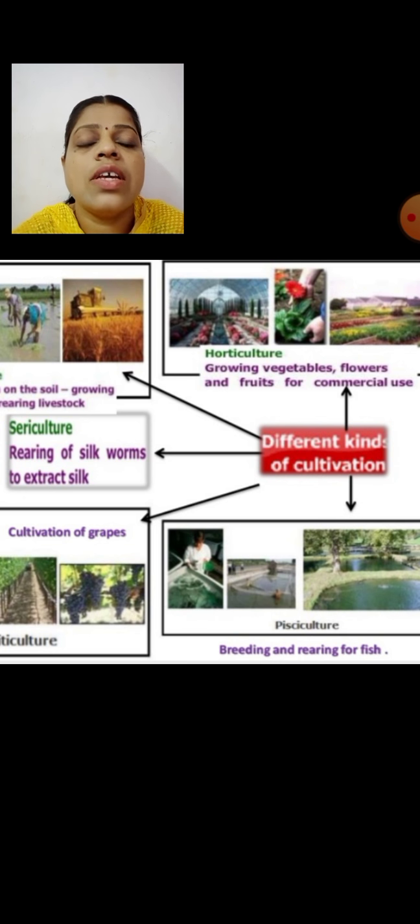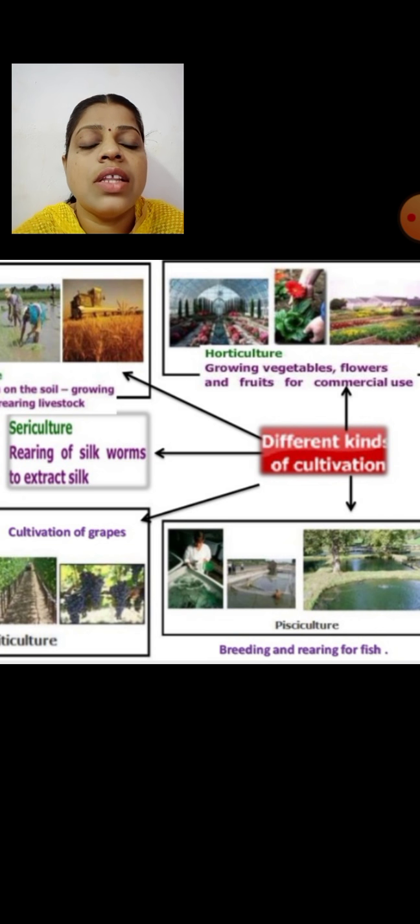Then pisciculture. The last one is pisciculture. So what does it mean? Pisciculture means the breeding and rearing of fish. Isn't it? We know that.